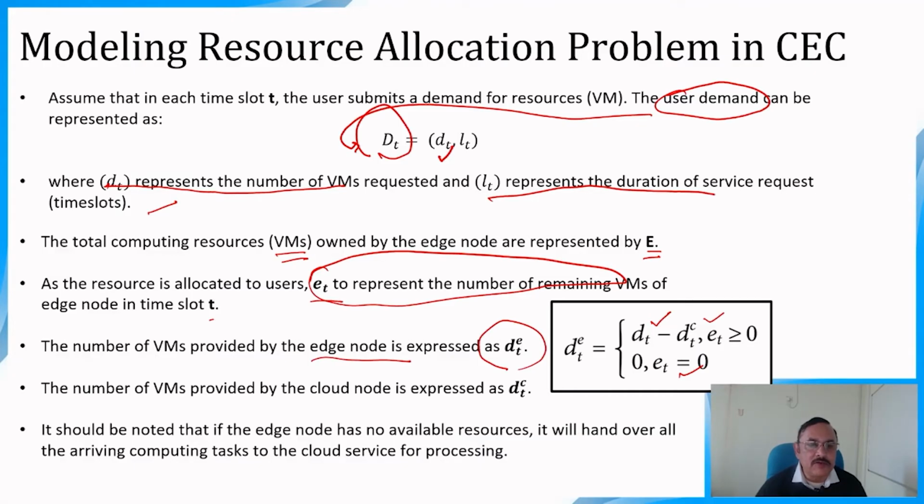So, the number of virtual machines provided by the cloud is represented by d_t^C. It should be noted that if the edge node has no available resources, in this case, it will hand over all the arriving computing to the cloud for processing.